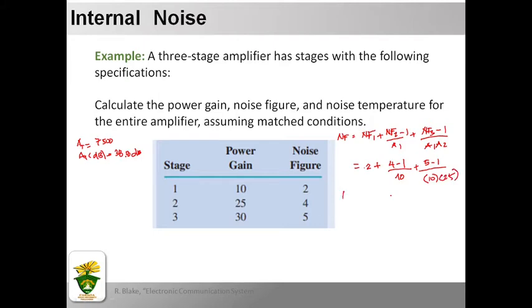Therefore, our noise figure is equivalent to 2.316. And solving for noise figure in dB, we have 10 log of 2.316, which is equal to 3.65 dB.